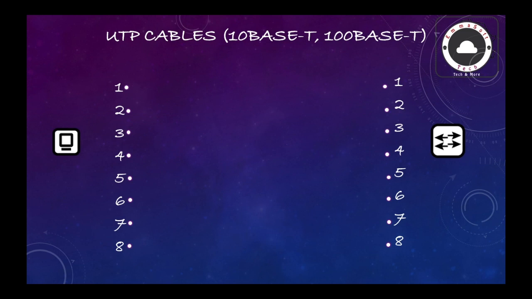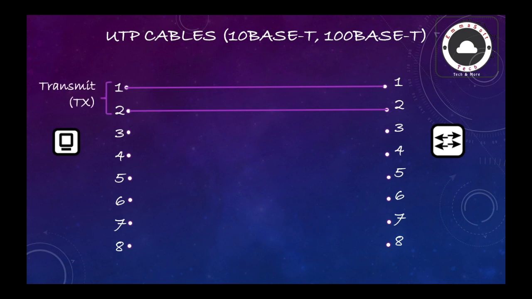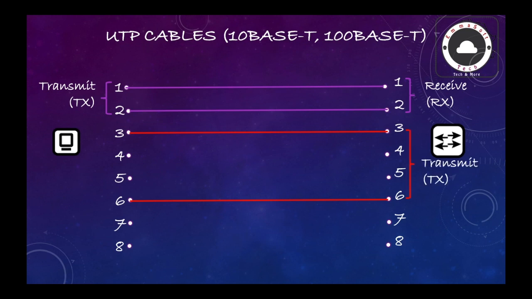So the PC sends using pin 1 and 2, and the switch also receives using pin 1 and 2. Then, what is the next pair that is used under Ethernet and fast Ethernet? Actually, it is not pin 3 and 4, it is pin 3 and 6. And that is basically how transmission will take place.